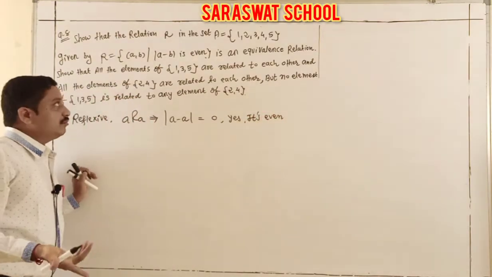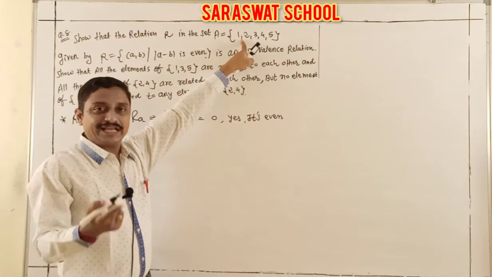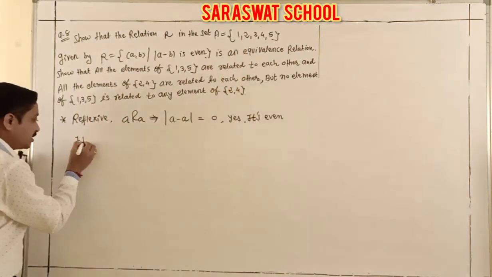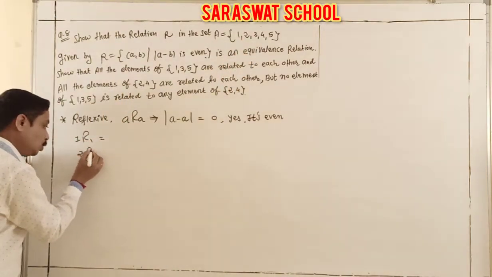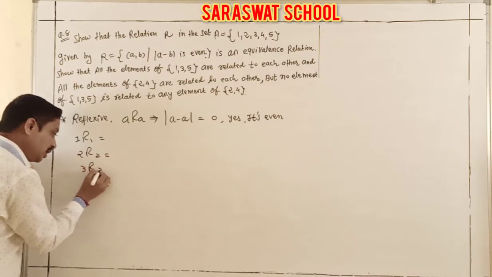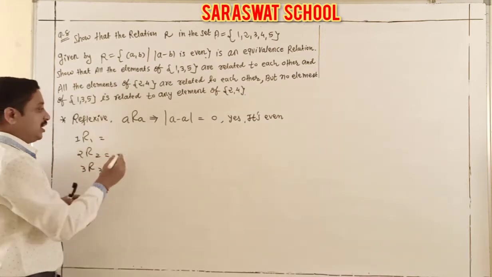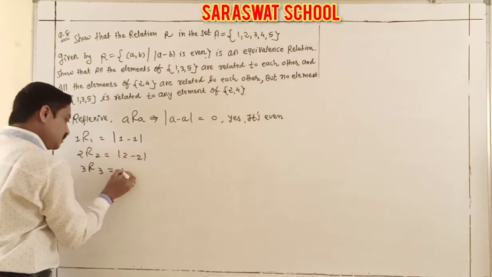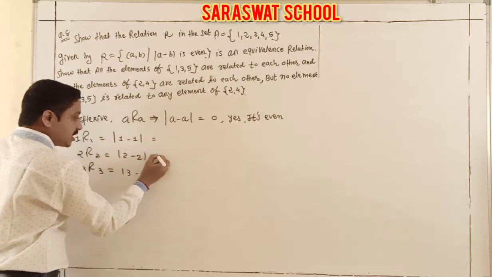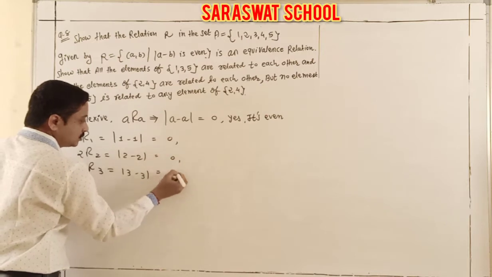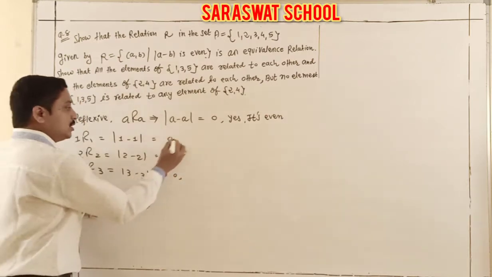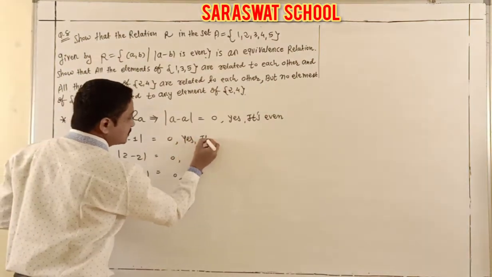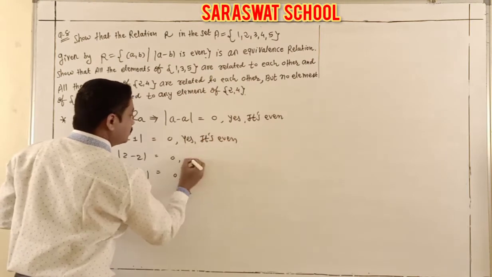You can check with a different number from this one, as you like. 1 relation 1, 2 relation 2, 3 relation 3, any one you take, students. So 1 minus 1, same, check, 0, 0, 0. Yes, it is an even number.